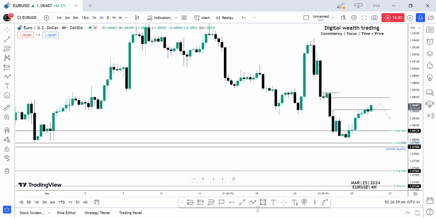If you take any form of trade on this chart, you should also be cautious about this area. Although that might not be very effective, this bullish order block, fair value gap, right?